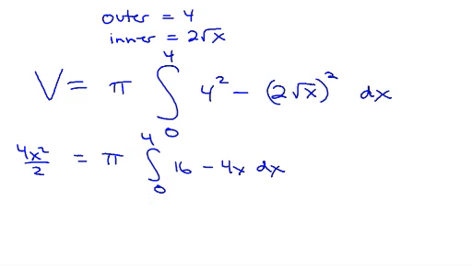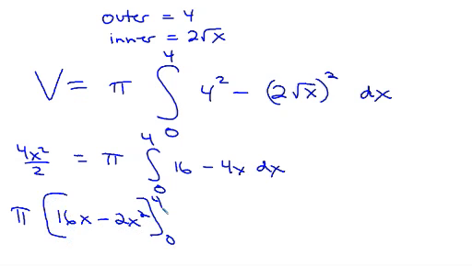So our antiderivative, we need to remember that we have a pi in front of it, and we're going to have 16x minus 2x squared evaluated from 0 to 4. And so we're going to have a pi times 64 minus 4 squared is 16 minus 32.